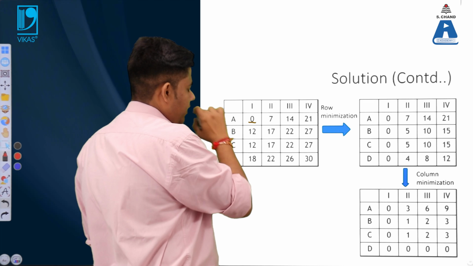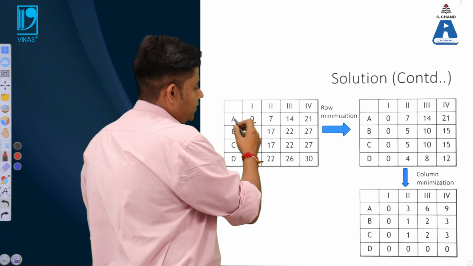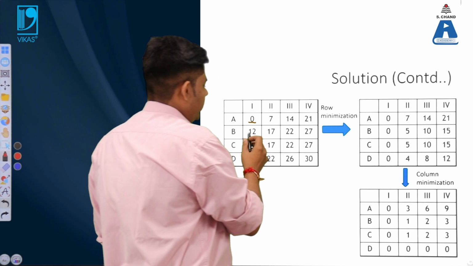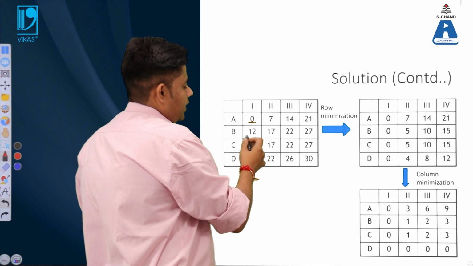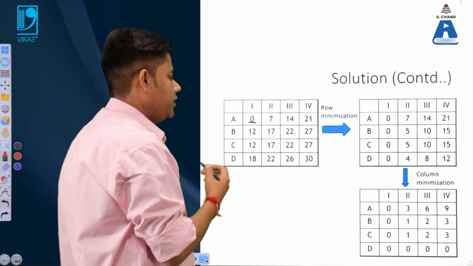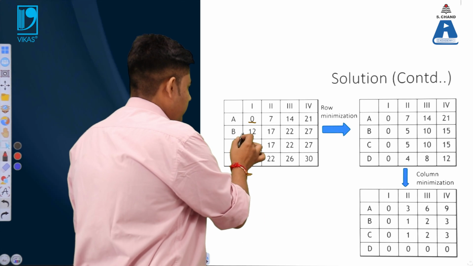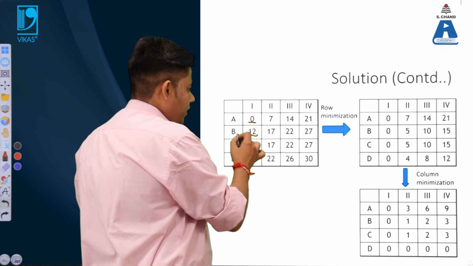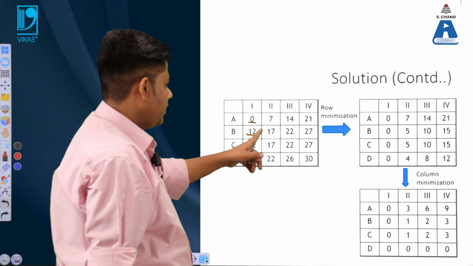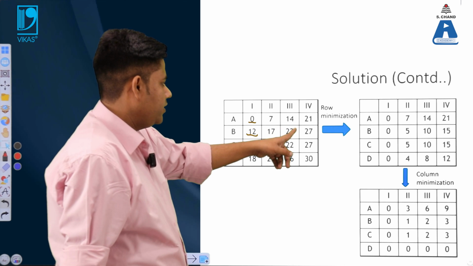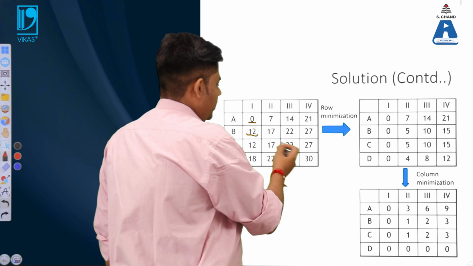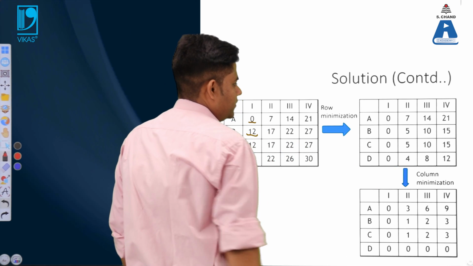So minimum element here is 0. So we need to subtract 0 from all the elements. So that remains same. Then we need to look for the next row, and we need to subtract that minimum element from all the elements of the second row. So the minimum here is 12. So we need to subtract 12 from all the elements. So 12 minus 12, 17 minus 12, 22 minus 12, and 27 minus 12. So that is to be subtracted. Similarly for the third, similarly for the fourth.